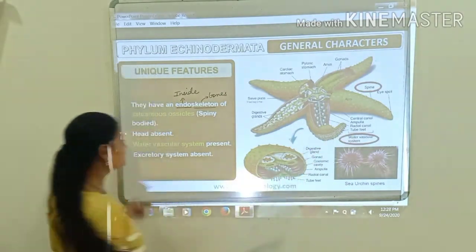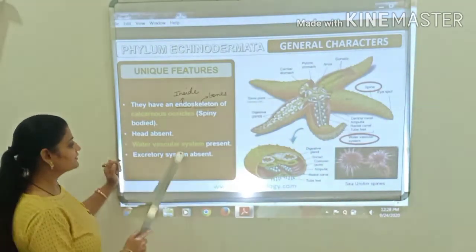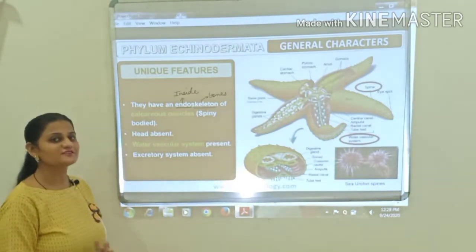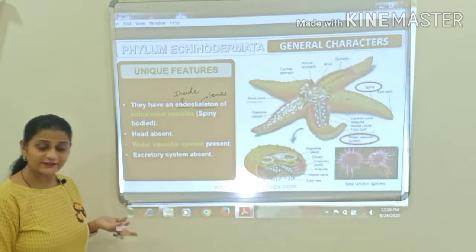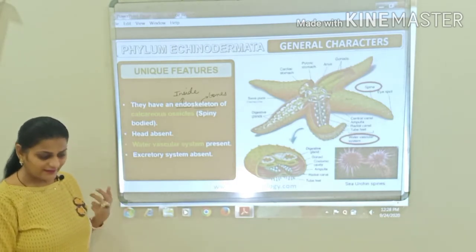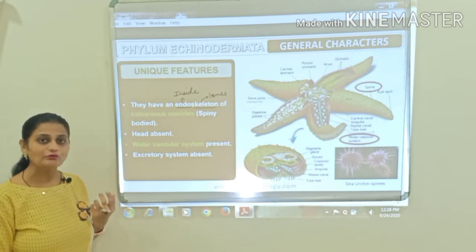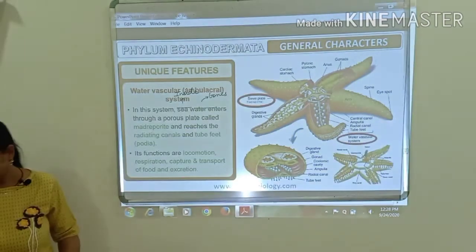So that is the water vascular system. In echinoderms, the water vascular system is present and the excretory system is absent. The excretory organs are not present, and the waste materials are removed through simple diffusion.